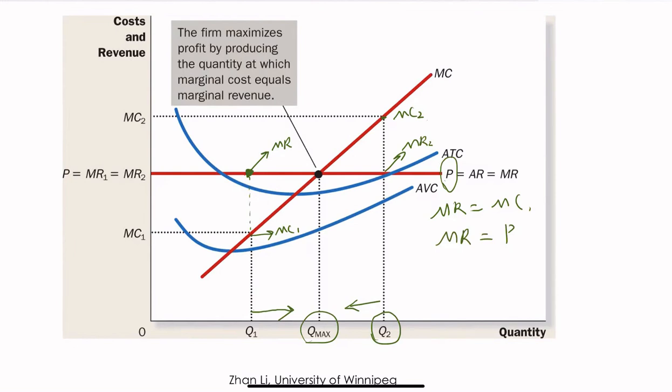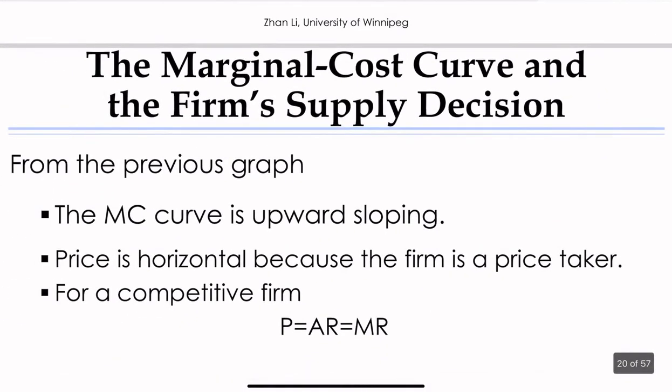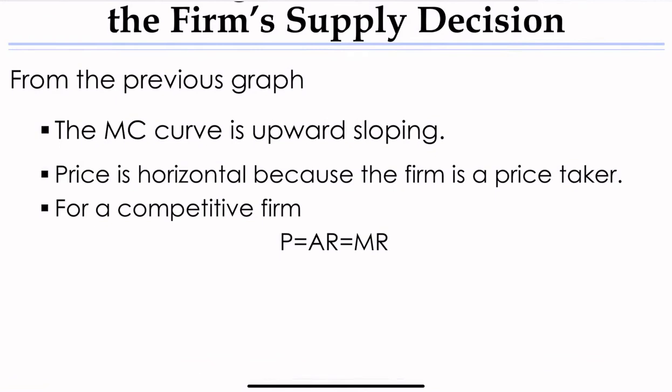So this basically tells you a competitive firm is maximizing its profit if price equals marginal cost. Now we have learned this fundamental result on how a competitive firm maximizes its profit.